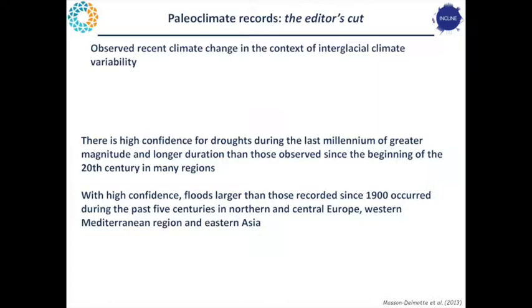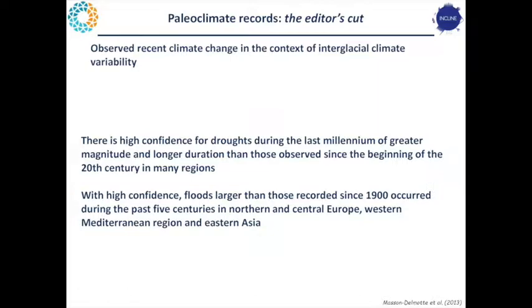Still about observed recent climate change in the context of interglacial climate variability, there is high confidence for droughts during the last millennium of greater magnitude and longer duration than those observed since the beginning of the 20th century in many regions. So extremes and the magnitude of extremes may not be well represented in the instrumental record.